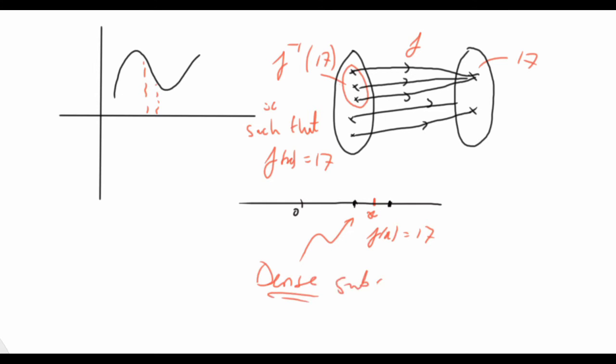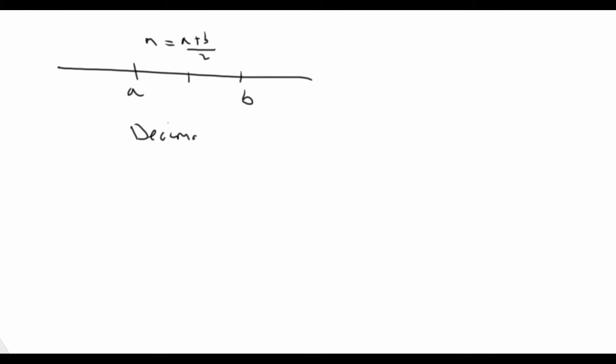And of all the many, many, many dense subsets of the reals, there is one sort of undoubted celebrity, being the rational numbers, Q. So why is that dense? Well, let's pick any interval and pick any number in that interval. Say you're choosing the mean of the endpoints or the geometric mean.